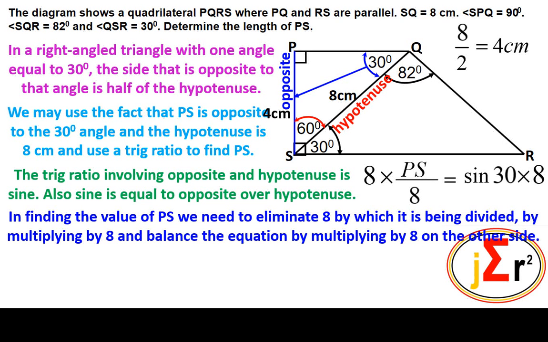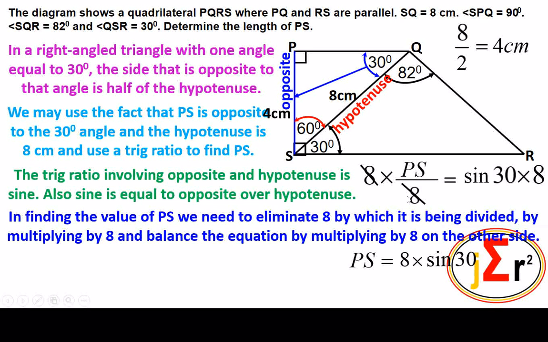What will happen is that on the left-hand side, 8 will be eliminated. We will have PS alone. So PS will be equal to 8 times sine 30. Although we have sine 30 times 8 right here, the order in which we multiply numbers does not affect the result, and that is known as the commutative property of multiplication.